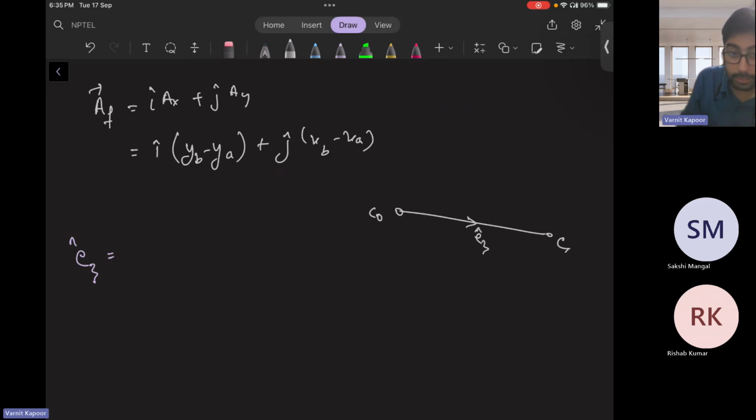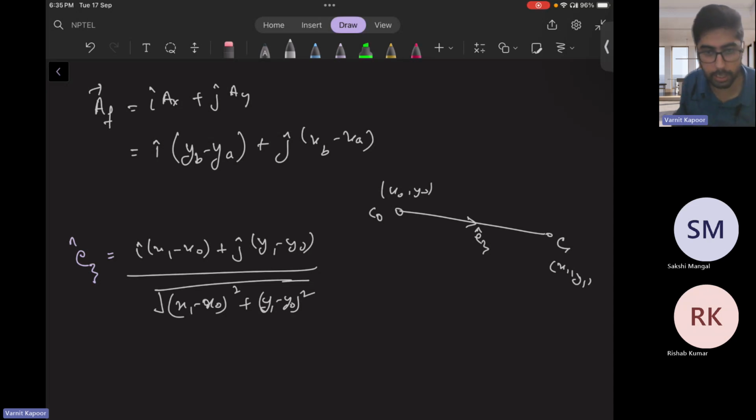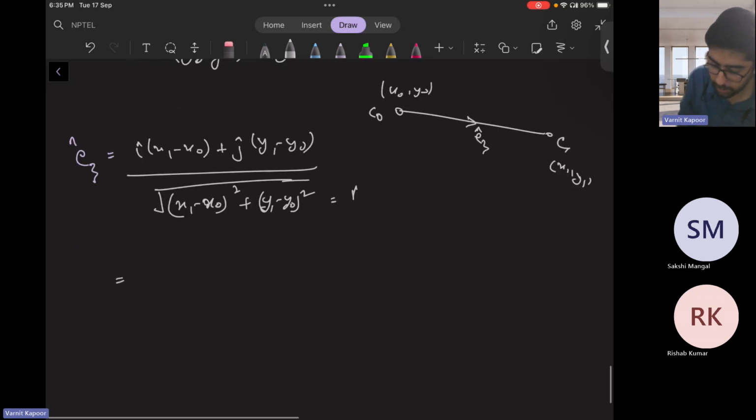The vector can be written as i hat, with coordinates x1, y1 and x naught, y naught. So x1 minus x naught, j hat y1 minus y0, over the magnitude of this, that is the square root of x1 minus x0 whole square plus y1 minus y0 whole square. This is your zeta direction, that is nothing but your del zeta.